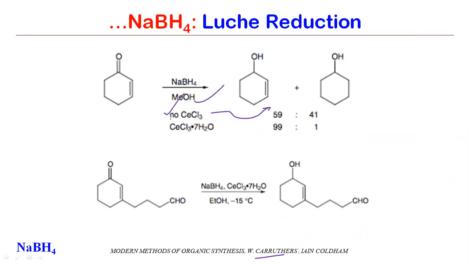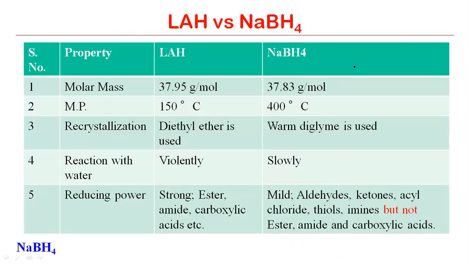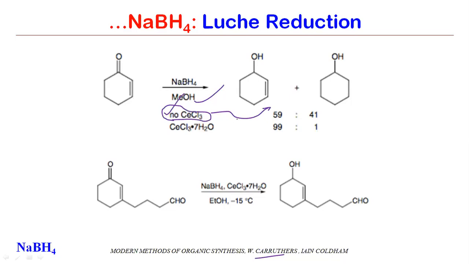Whenever we are not using CeCl3, we are always getting a mixture of products when this conjugated system is there. Some sort of 1,2 and 1,4 fashion reduction takes place. But whenever we are using cerium chloride, you can see here almost 99% of the product formed is the 1,2 reduced carbonyl compound. Double bond is intact there. So this is very, very interesting. You can see here.